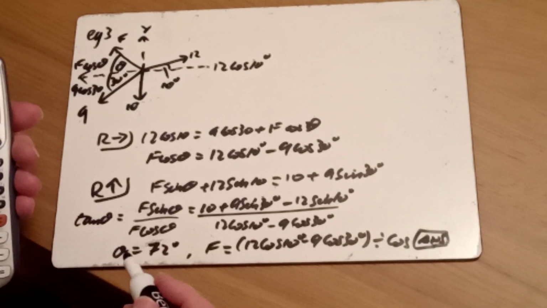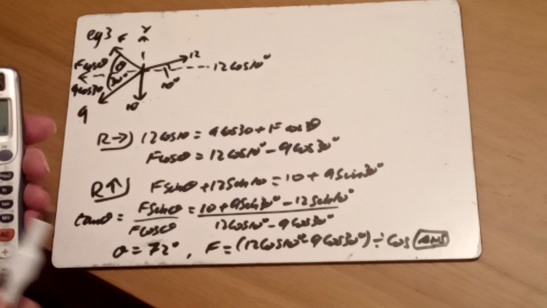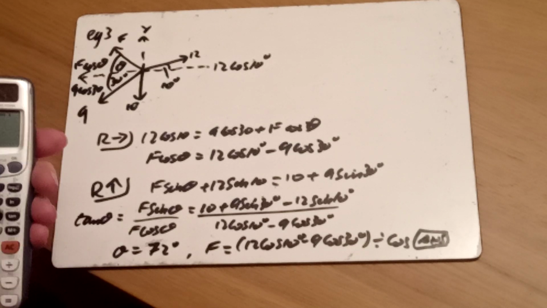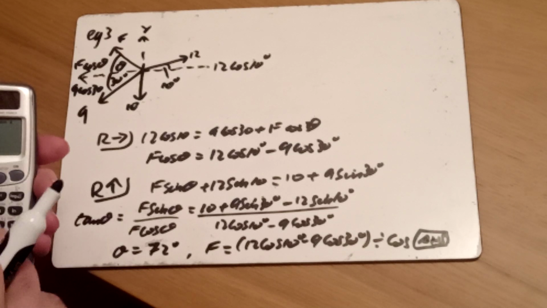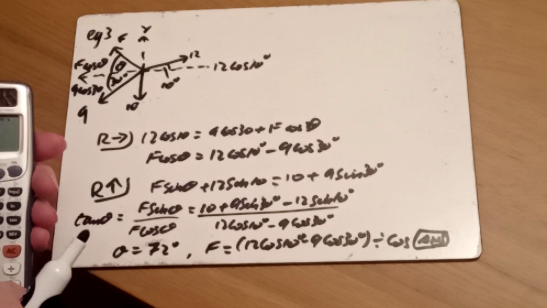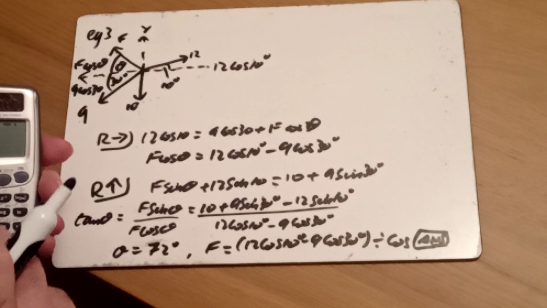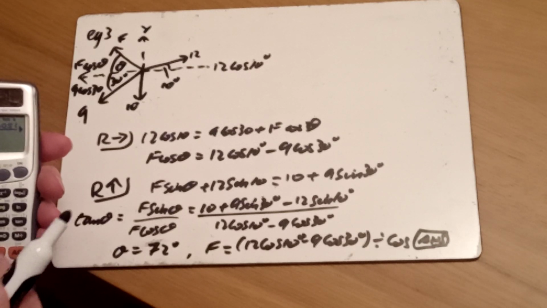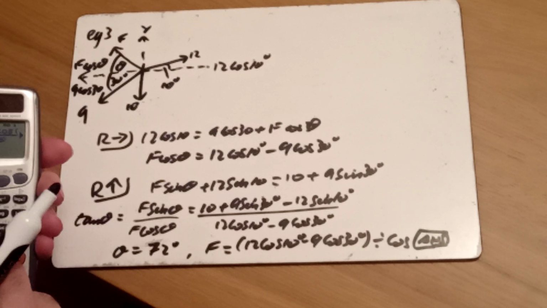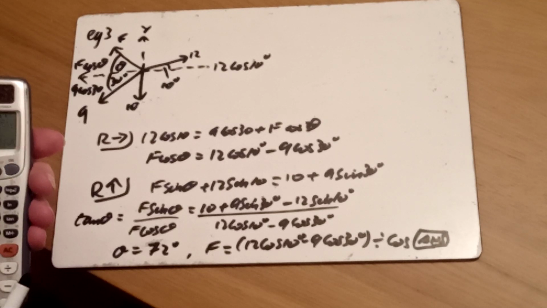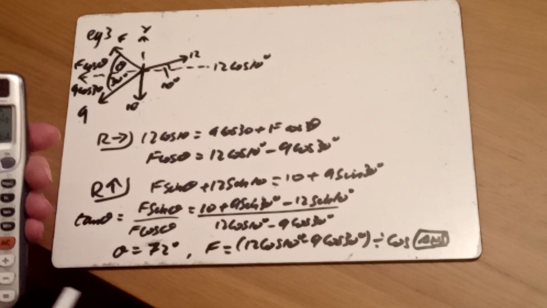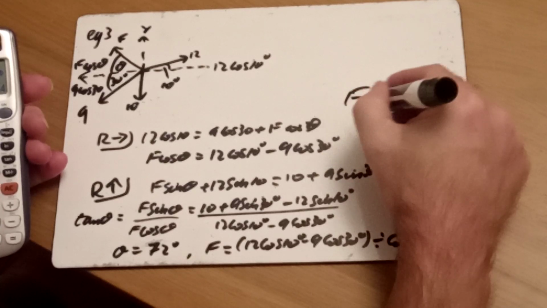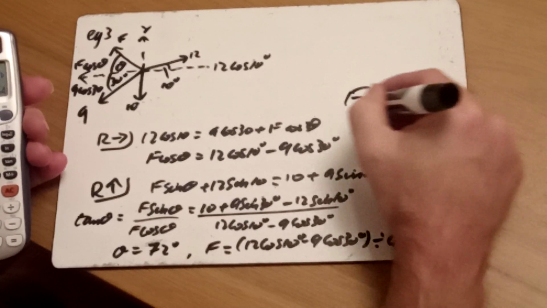So I'm going to use the answer button here for the angle and do fraction 12 cos 10 minus 9 cos 30 and there, and then divided by cos and close brackets equals 13.05, so F is 13 or 13.1 newtons.